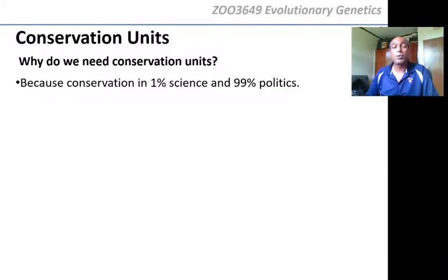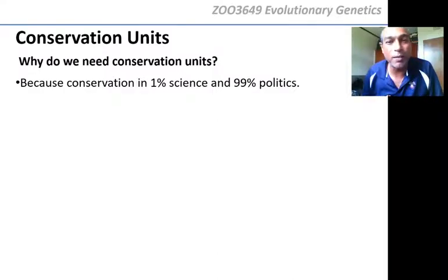So the problem is that we have messed up the world, and the world is actually in dire straits. And because humans are greedy, 99% of conservation has to do with the greed. And so when I say greed, I mean politics. It's the same thing. Greed, politics, they're the same.